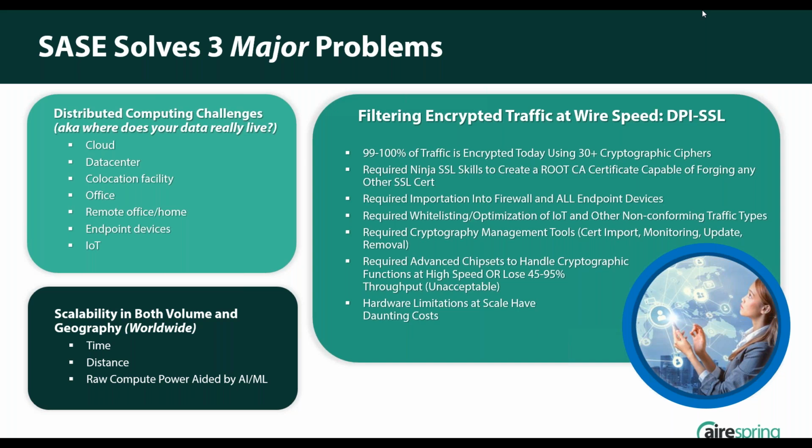And that's where really great SASE vendors excel, is inspecting those deep encrypted packets and being able to ensure security at that level. So that's problem number two solved, right?